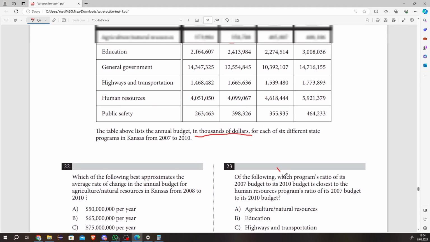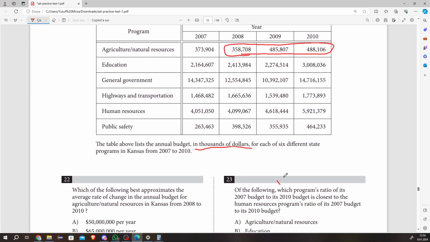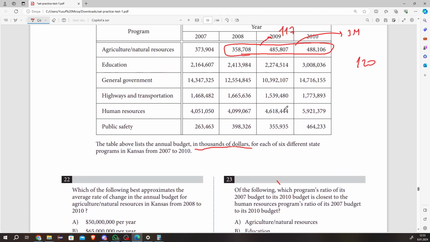So you can use a calculator here, but rate of change. Okay, rate of change. It's about $3 million here, and it's about a lot. 100. Wow, it's about this, I think, and we have 2 years, but it's interesting.